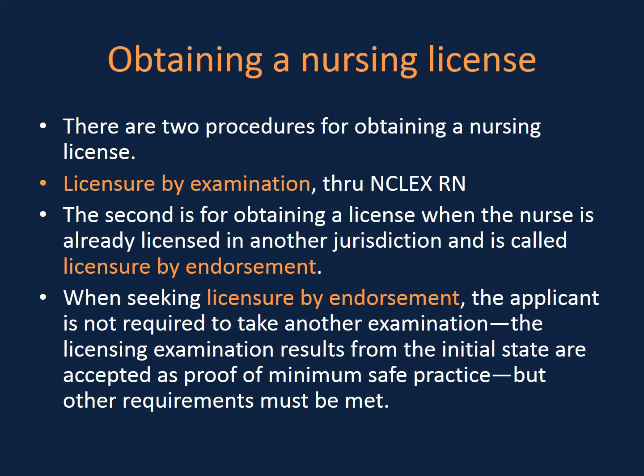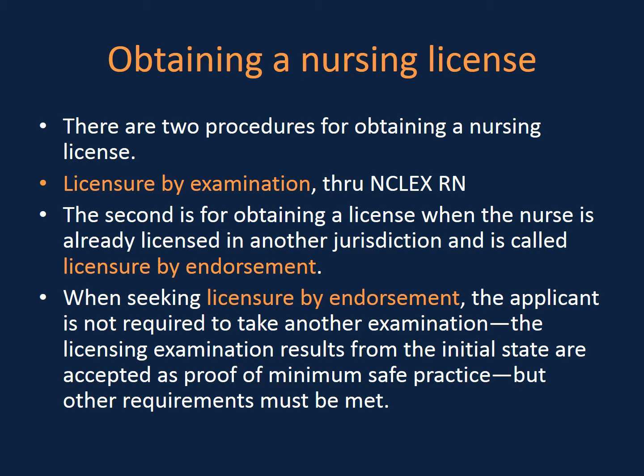Now, if you want to obtain a nursing license in the United States, there are two procedures for obtaining the nursing license. The first one is licensure by examination, which we talked about previously, the NCLEX-RN or the NCLEX-PN, depending on the degree that you are holding.